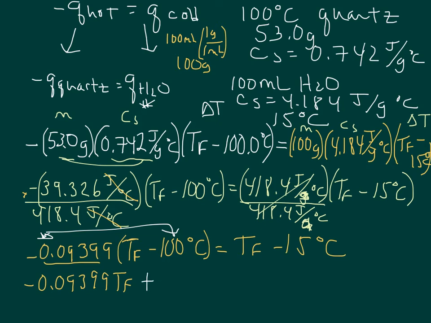When we do that we're going to end up with 9.399 degrees C, and that's going to be equal to TF minus 15 degrees C.